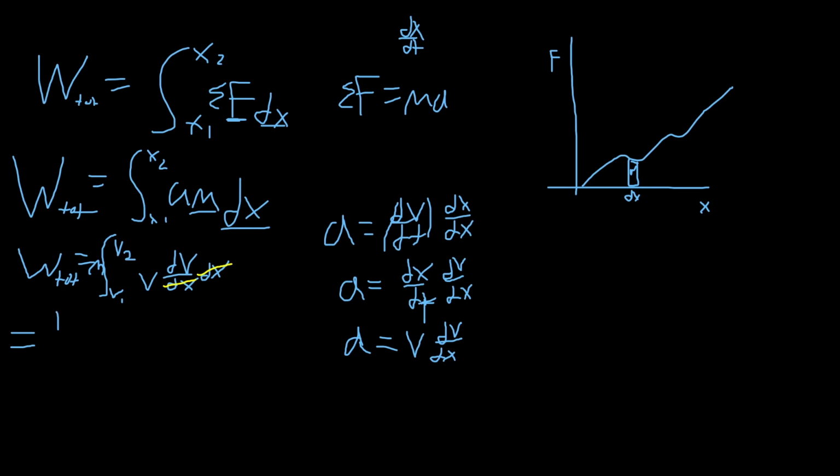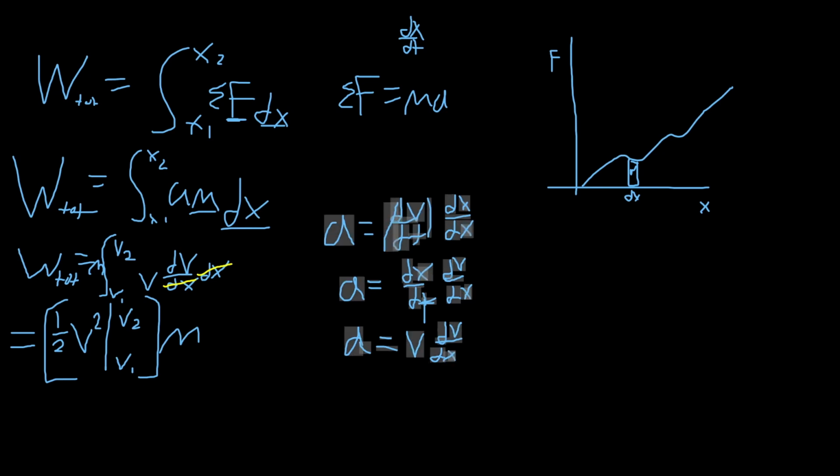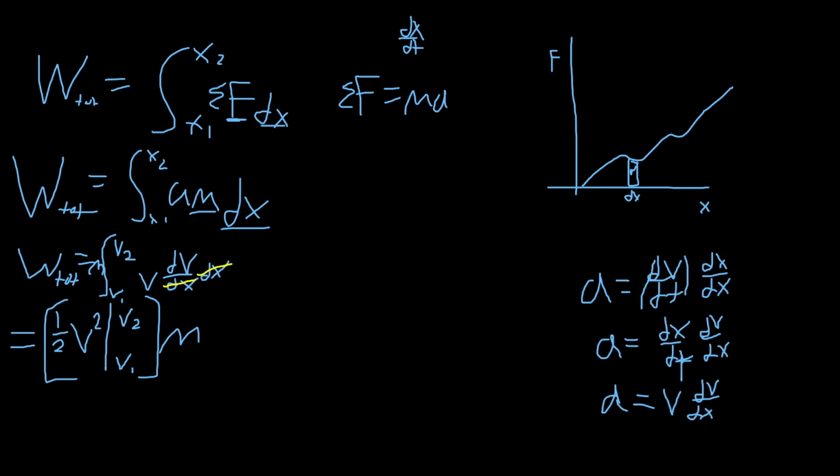you'll have 1 over 2 v squared, and then we'll plug in our velocity limits, and you'll have your mass on the outside. This equals 1 over 2 velocity final squared minus 1 over 2 velocity initial squared, all times the mass.